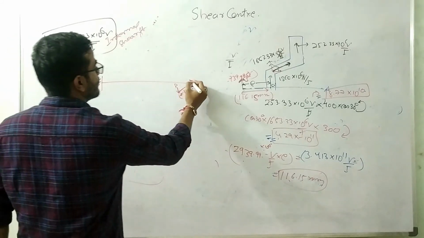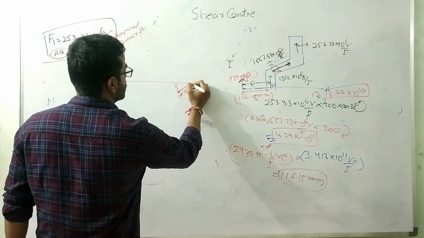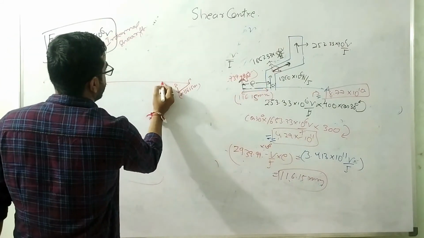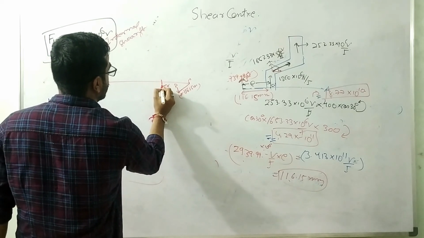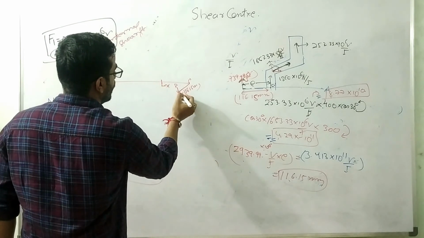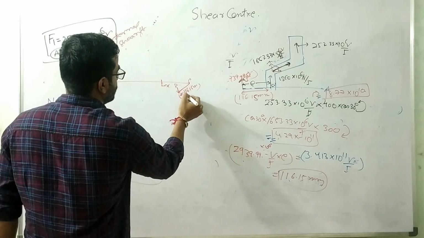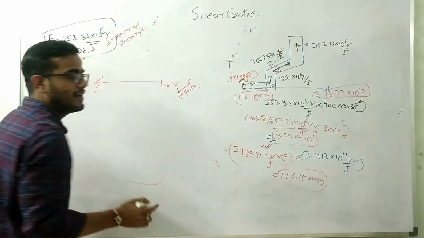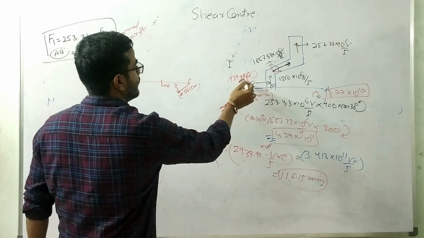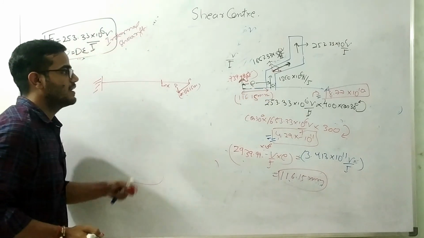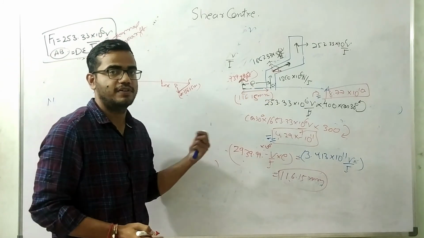The internal shear we are calculating is at a distance of x, so we need to apply this P load at this location so that it counterbalances this moment. We have already discussed this in detail in the previous lecture.